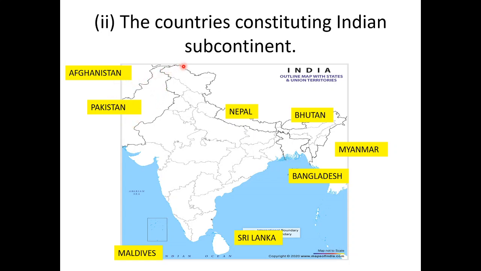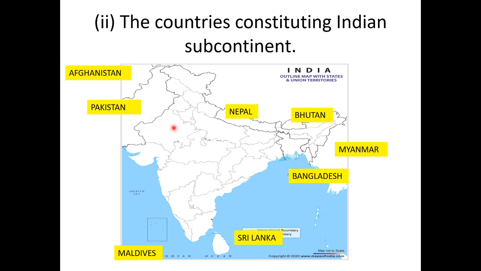Okay, so you can see this India's Jammu Kashmir, Ladakh. After that, we have Himachal Pradesh. After that, we have Punjab. Punjab share its border with Pakistan, and after Rajasthan, Gujarat. These are the states which share their border with Pakistan.